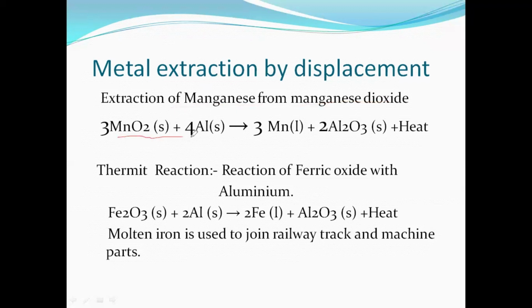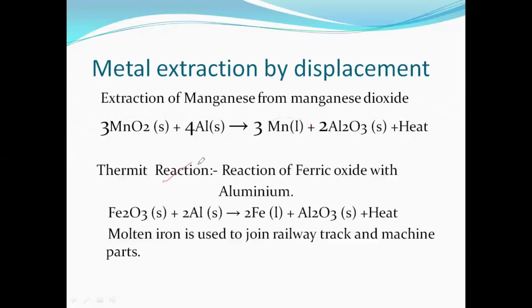Manganese dioxide is heated with aluminium powder, and manganese dioxide gets reduced to manganese and aluminium oxide, and heat is released during this process. This is a highly exothermic reaction, and the metal is formed in a molten state.